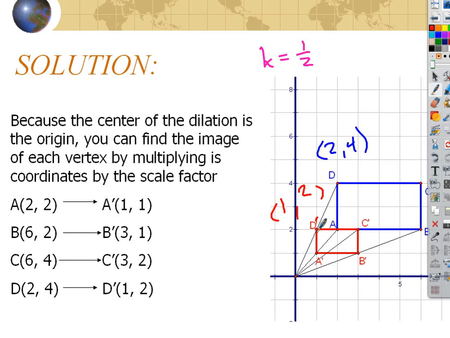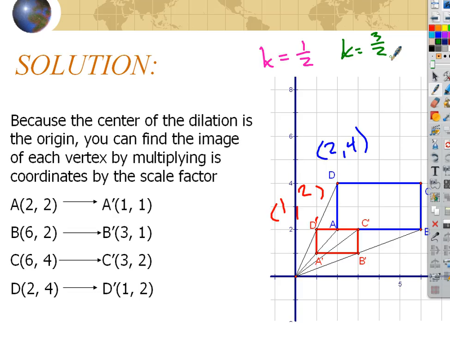Okay. Now, what if the scale factor had been, instead of 1/2, what if K had been 3/2? Then instead of sucking this blue shape in towards the origin, we would have been pushing it away from the origin and making it bigger, right?